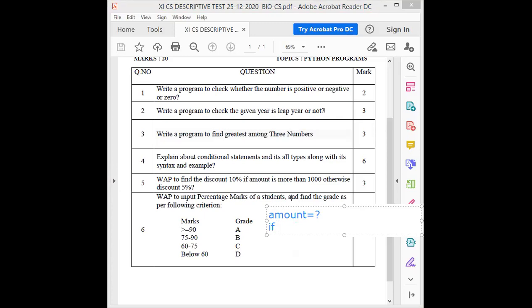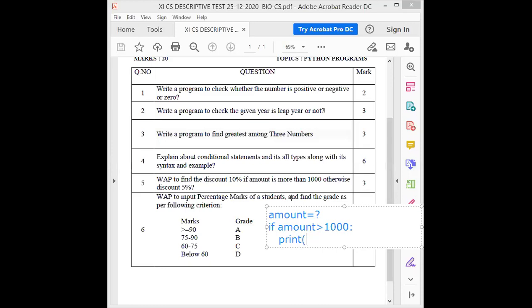Whatever is in the question, you have to change into a condition exactly as it is. If the amount is more than 1000, discount 10%. Discount 10% means you should not just type that the discount is 10%. You have to calculate the value and print it.